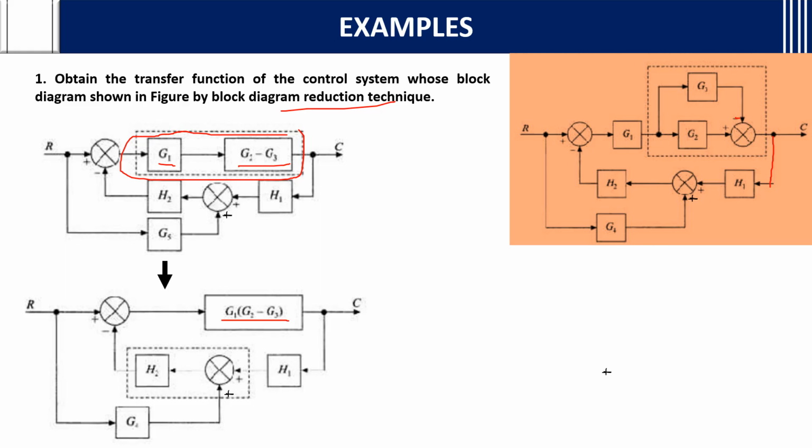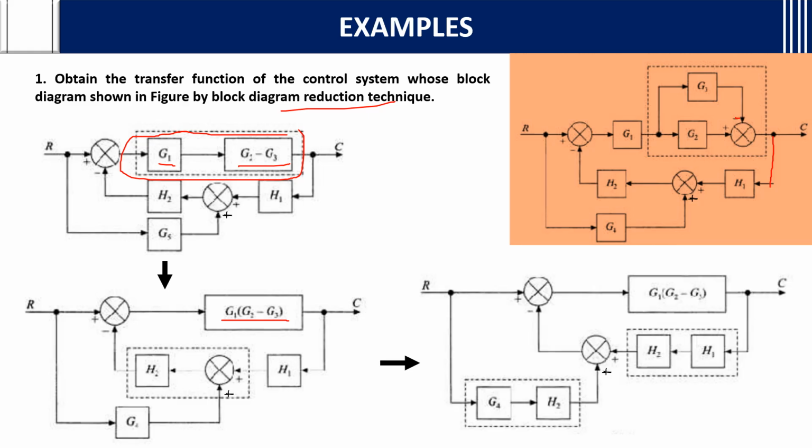Then what you have here is this plus plus and plus minus. Here there is H2. Here what we are going to do is make this summing point go left. If we are moving left, what will we do? We will add H2 to that respective block, right? So by moving that you will get H2, H1, then G4, H2.